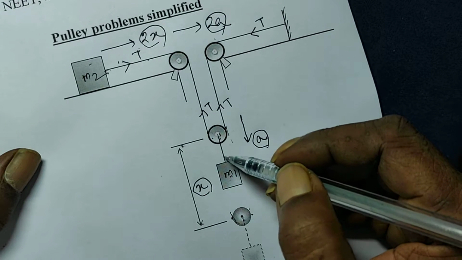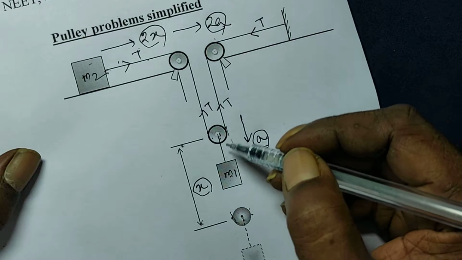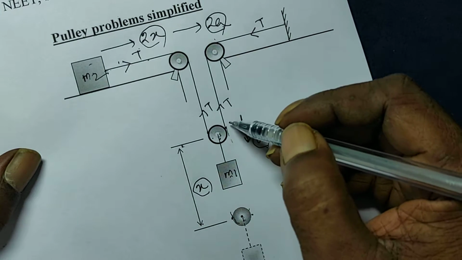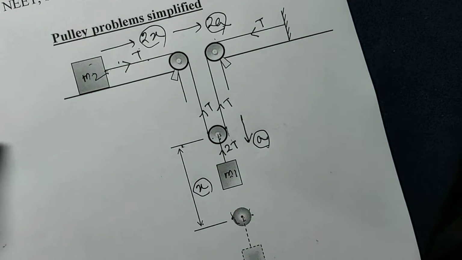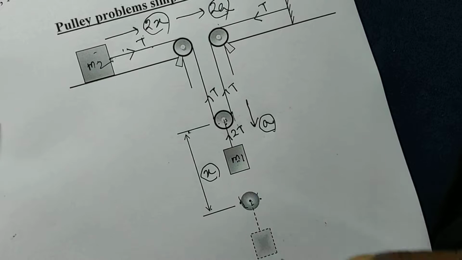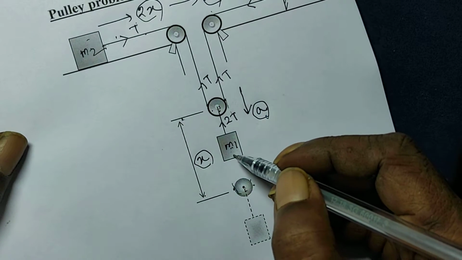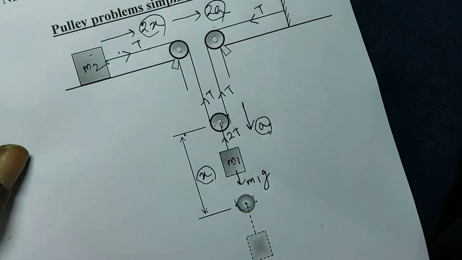Now, if you look at this string, what will be the tension? This string is pulled up through this pulley, T on this side and T on this side. So here the tension will be 2T. Since this is falling down with acceleration a, its weight is vertically downward, M1 times g.